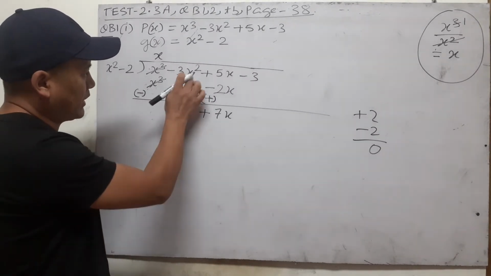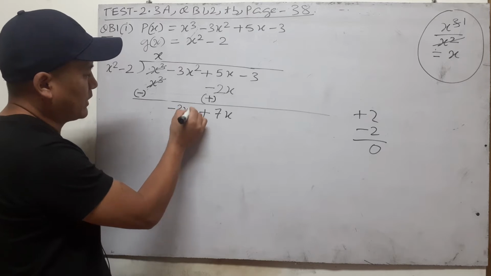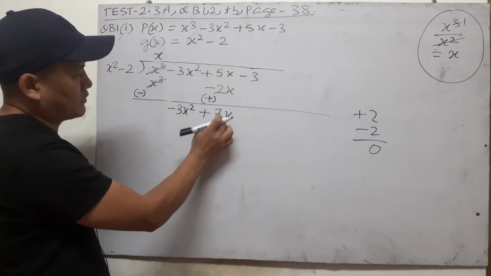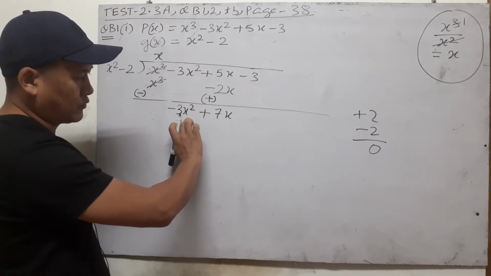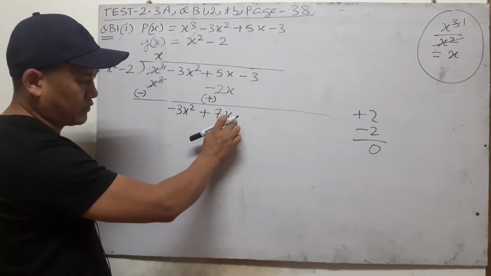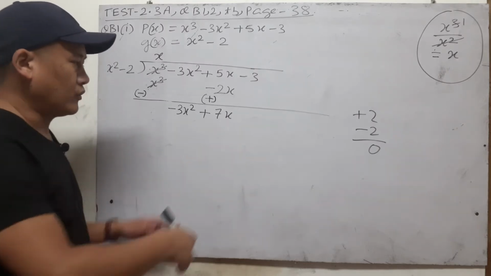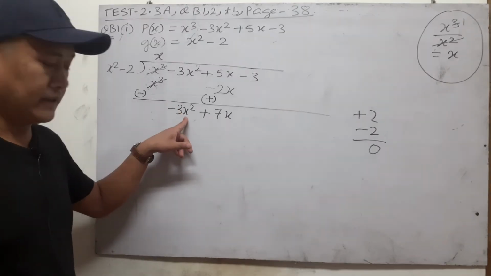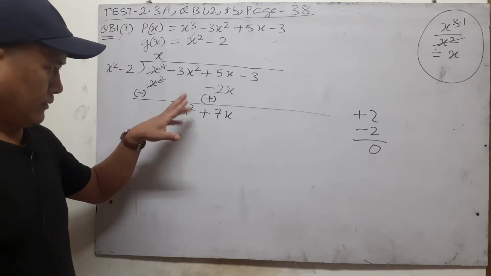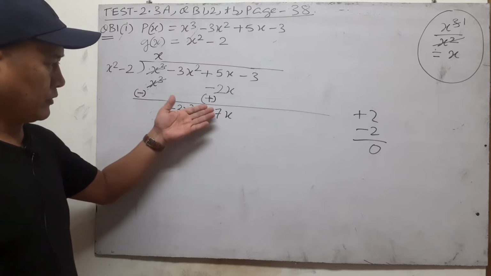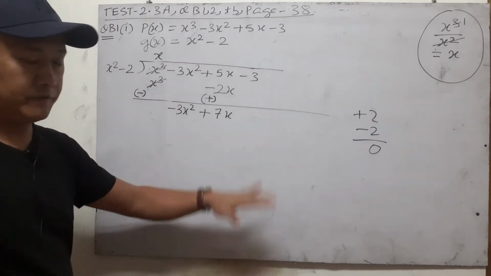Again, standard form, highest power of x is now remaining 3x squared. Next, 3x to the power 1, arranged in second place. What we mean is 7x should not come in front and minus 3x squared in the second position. No, not like that, but the highest degree term, the term containing the x power which is the highest, in the first place, standard form again.